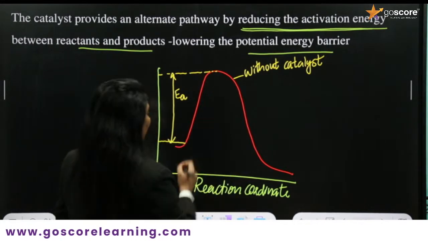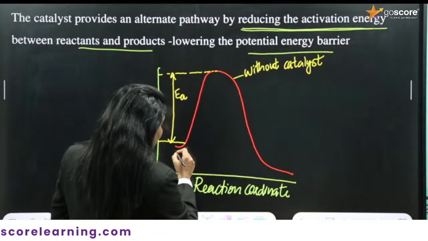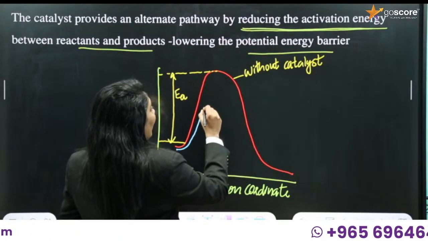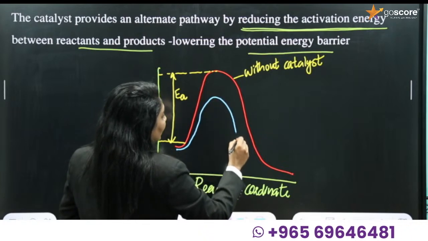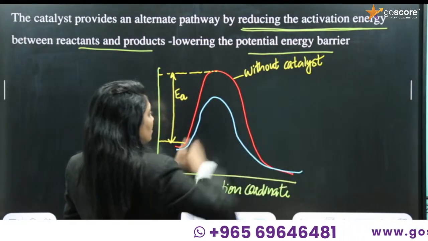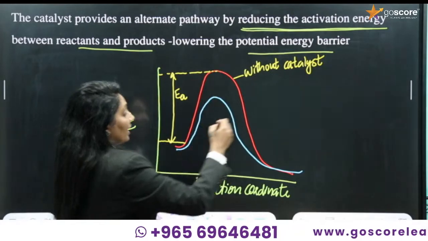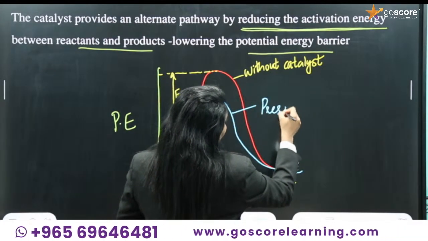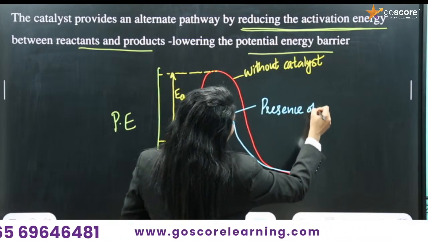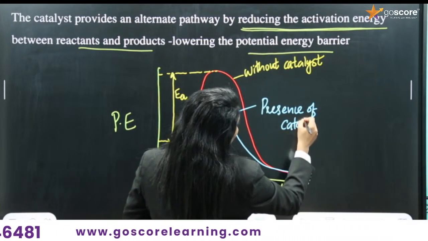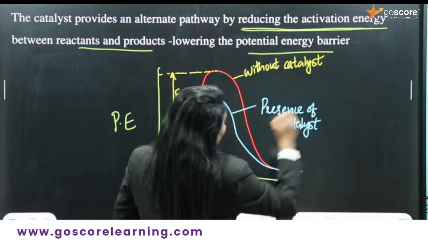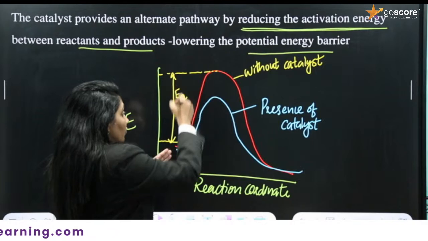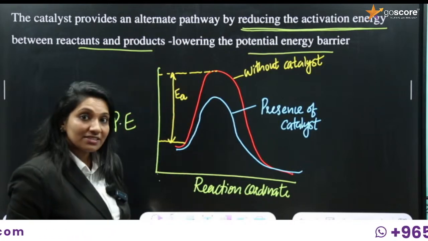So see what will happen: in the presence of catalyst we can see that the activation energy is getting reduced. Before, in the absence of catalyst, this much activation energy is needed.